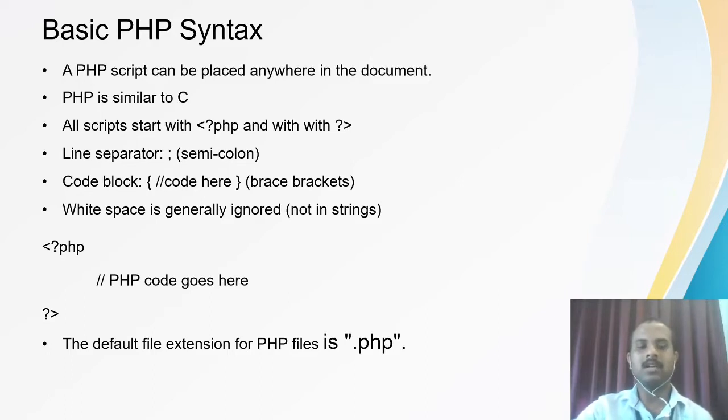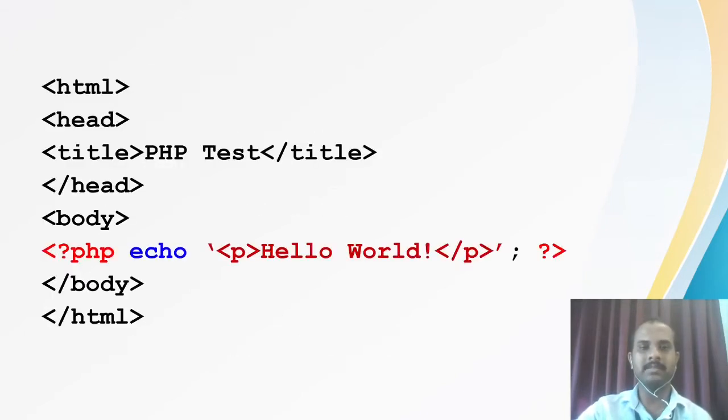Then it will be placed inside curly brackets or braces. White spaces are generally ignored, which is similar to C, except the spaces present inside a string. And the file extension that is generated will be .php.